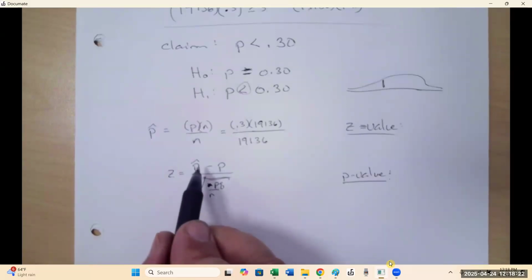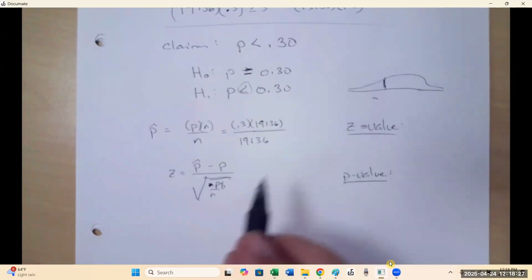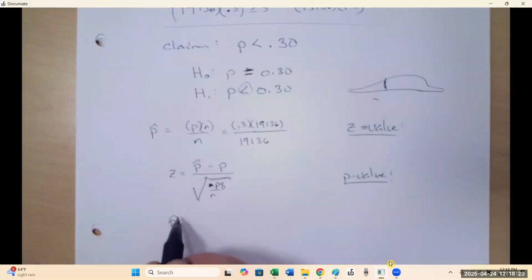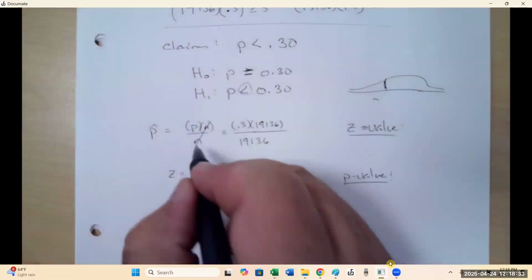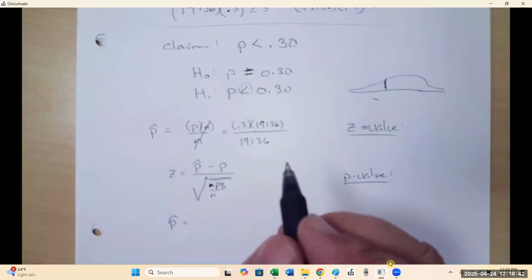Since it's a one-tailed test, we're supposed to have a negative value. But P times N over N, this just cancels. I don't think that's a usable equation for this problem. Not for this one, no, because we want to give it the right information.